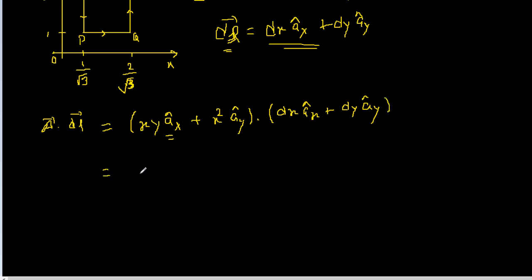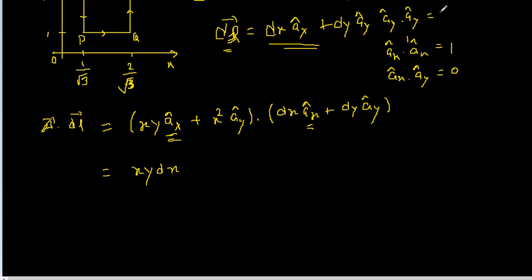What we get: x cap dot x cap equals 1, x cap dot y cap equals 0, and y cap dot y cap equals 1.